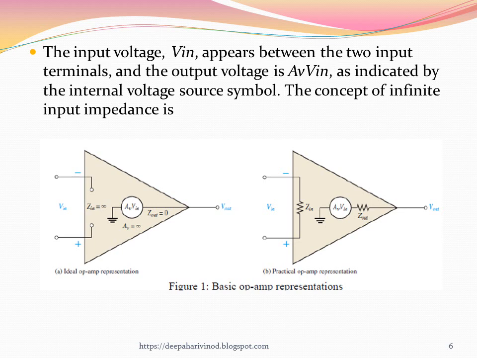Here we can see high input impedance, that is infinity, and low output impedance, so the output impedance is 0. If Vin is given, then the output will be AV, that is the gain. AV is assumed to be infinite in the ideal case. So AV into Vin will be the output.